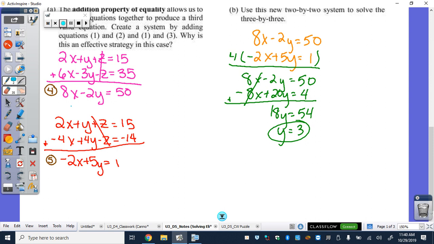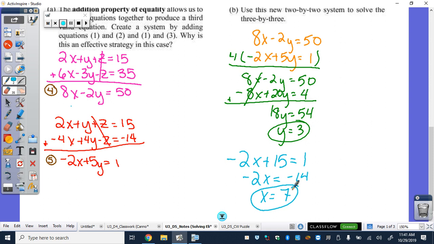So I'm going to actually use equation 5, so negative 2x plus 15 equals 1, because 5 times 3 is where my 15 came from. Subtract my 15 and I get negative 14. Divide by negative 2, and we get x is 7. So now we got two of them.